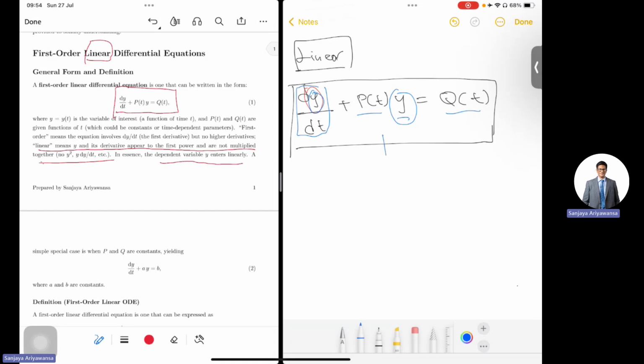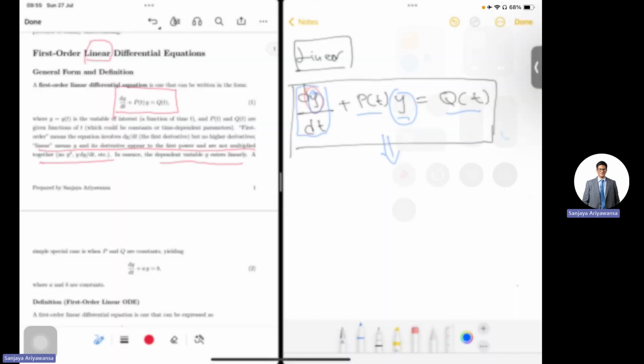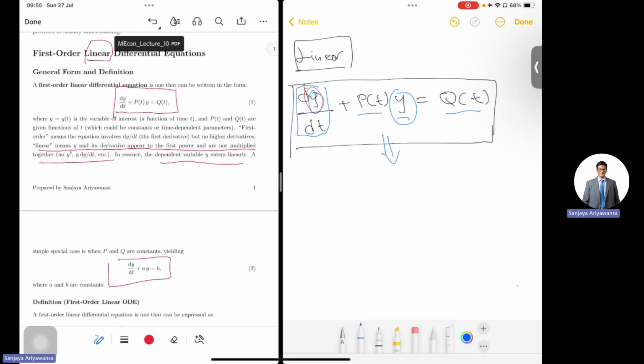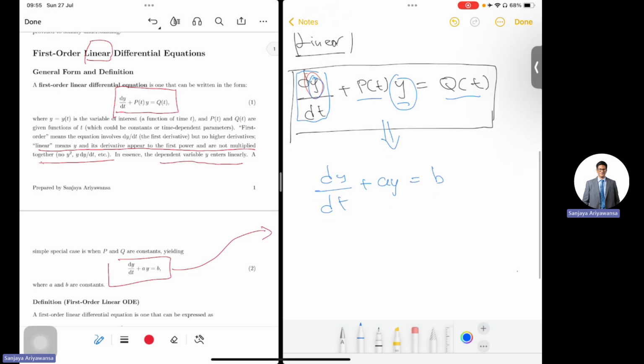Now, the most basic form one can think of is this form over here, which is dy by dt plus ay equals b. It is of the standard form that we just wrote, but in this case, we're simplifying it further by saying the function p, which is a function of time, is a constant a.